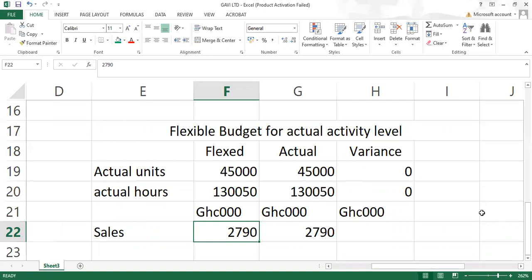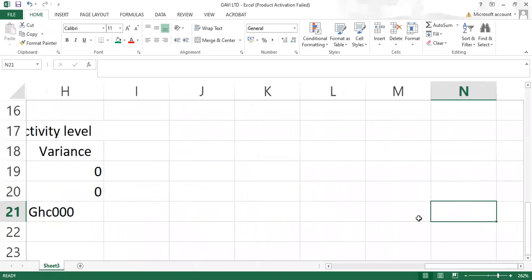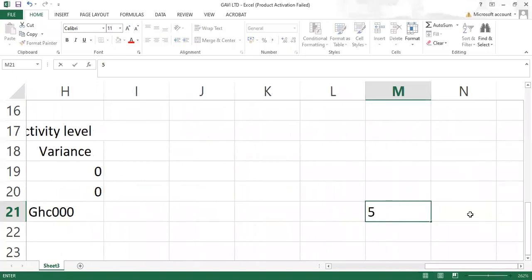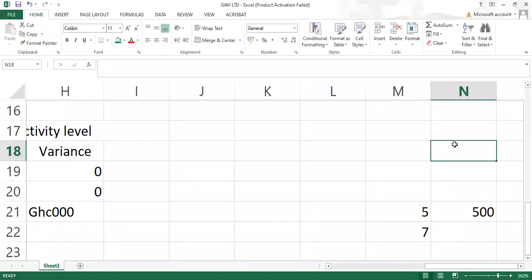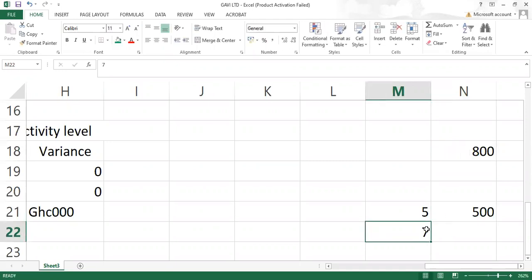So it's just like you are saying that 5 of you are in the house. You'll be spending 500 cedis every month. Now, if people are 7, you end up spending 800 Ghana cedis. How much should you have spent before? If 5 of you are spending 500 Ghana cedis, now people are 7. How much should you have spent? 700 cedis.